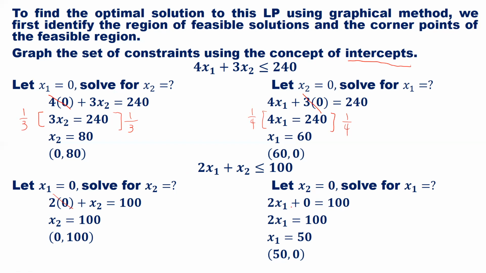So 2x sub 1 plus 0 equals 100, or 2x sub 1 equals 100. And then we multiply both sides by 1/2. So x sub 1 equals 50, which means that when your x sub 1 is 50, your x sub 2 now is 0. So we already have the intercepts of the two constraints.